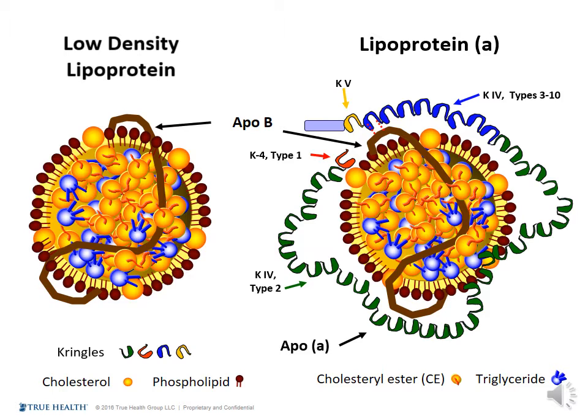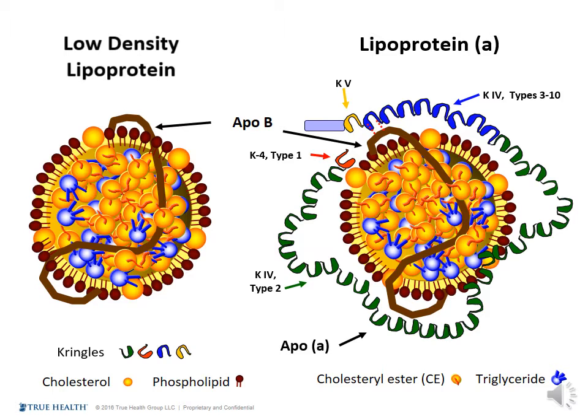Basically, ApoA consists of a kringle type 4 and a kringle type 5. However, the kringle 4 consists of several subsegments, which are called type 1, type 2, and types 3 to 10. You can see the kringle 4 type 1 is color-coded red. The kringle 4 subtype 2 is color-coded green, whereas types 3 to 10 are blue. Kringle 5 is depicted in yellow.